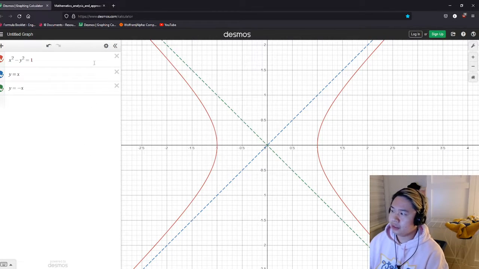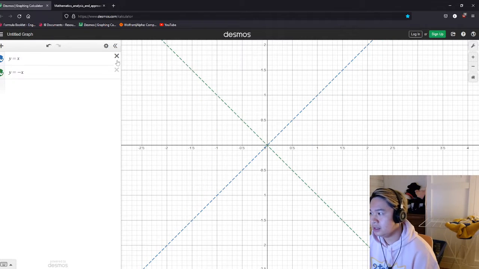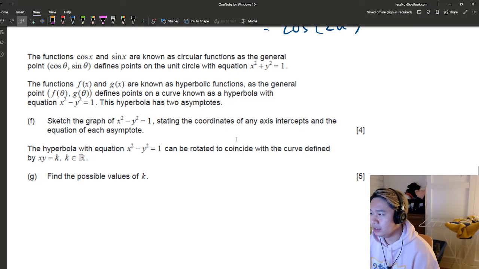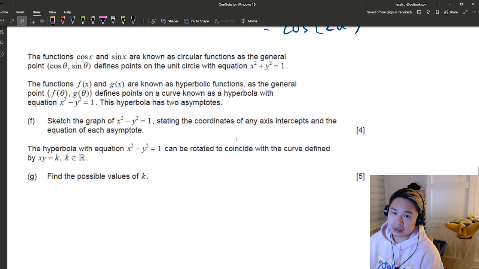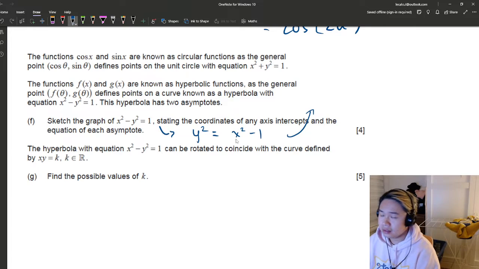Now if you don't have a calculator that can do relations, you basically need to isolate for y so that you turn it into a function. So for this one, we know that y squared is x squared minus 1. Obviously it's a relation, so when we isolate for y and take the square root, there's going to be a lower half and an upper half.